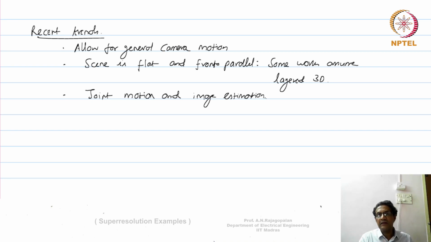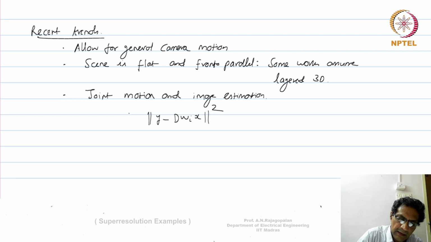As far as the image is concerned, people are using priors like the L1 prior and so on that I already mentioned. The observation model will become norm of y minus D w_i x, squared and summed over all i. Now minimize over x and the camera pose.